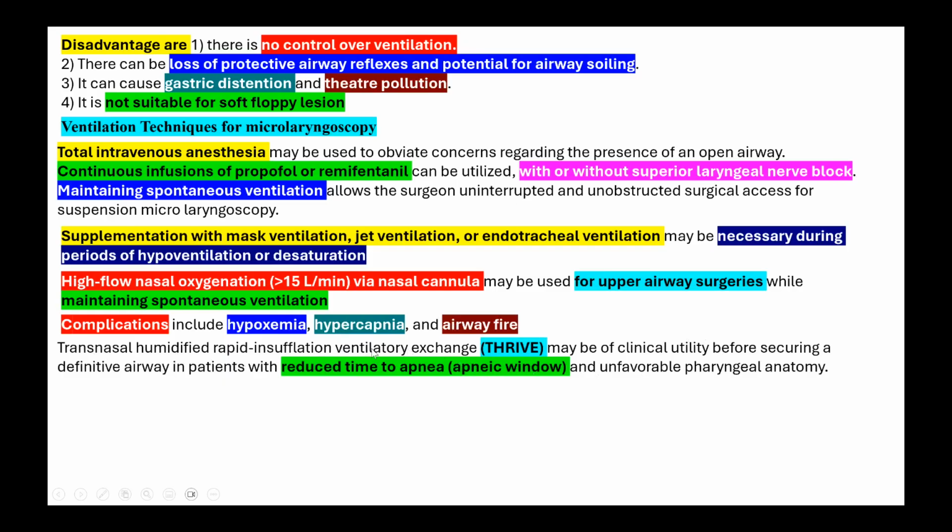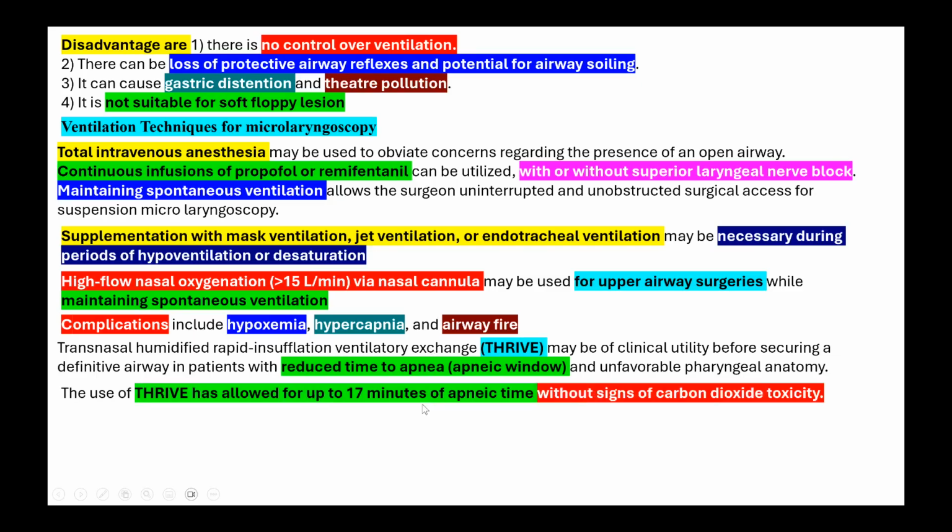Because THRIVE will definitely move the oxygen into the lungs, the desaturation time is quite prolonged in these cases. From the normal 2 to 3 minutes, it can be prolonged up to 10 to 15 minutes by using this THRIVE machine.